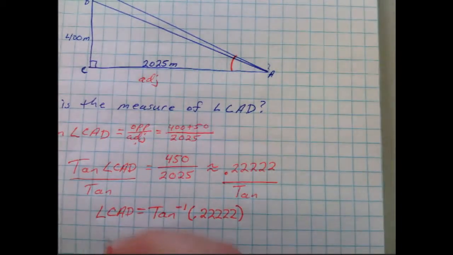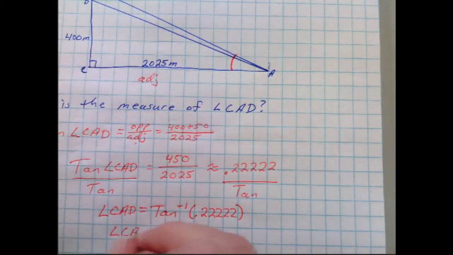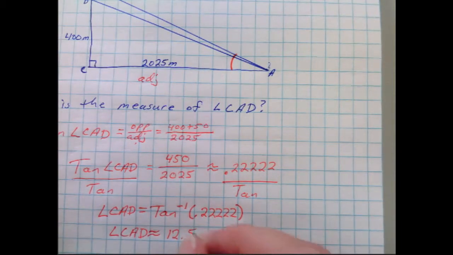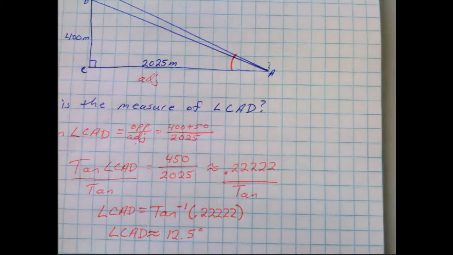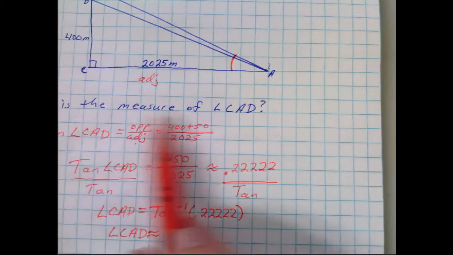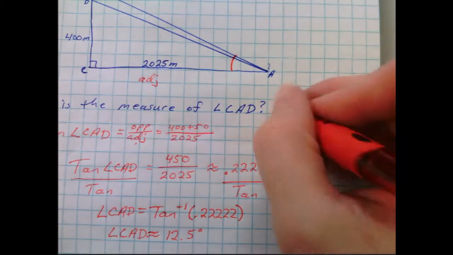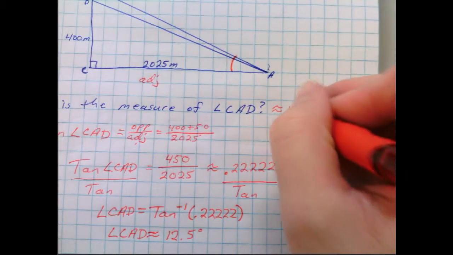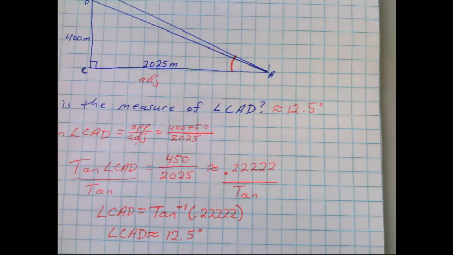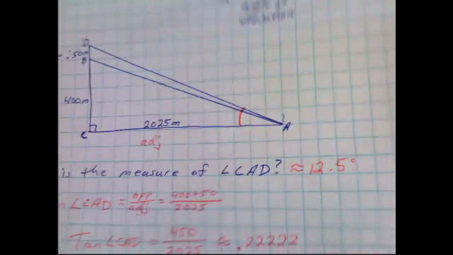So angle CAD is approximately 12.5 degrees. And don't forget that label of degrees there. So what is the measure of angle CAD? Approximately 12.5 degrees.